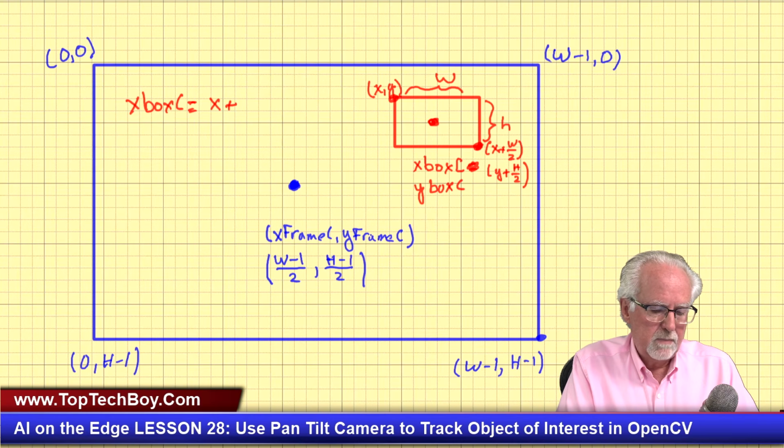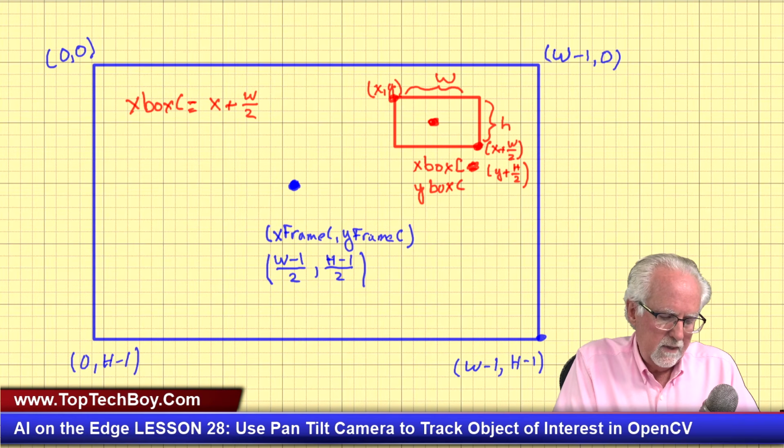So the X box center would be X plus little w over 2, and the Y box center is going to be the Y value up here plus the little height over 2. If we put that in, that will give us this point.